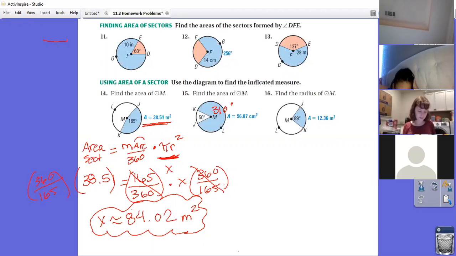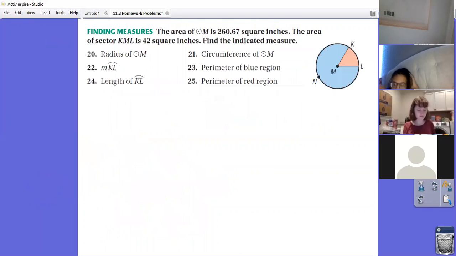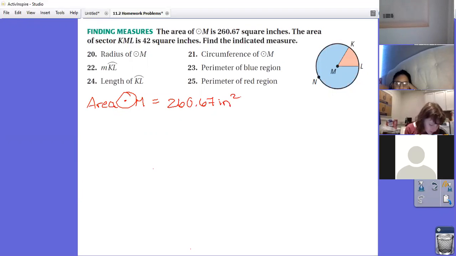Okay, so the next one. Okay, so 20 and 21. So here, if you're given that the area of the circle, I like to write everything down when I have a problem like this, it has a lot of different questions. So the area of the whole circle is 260.67 square inches.